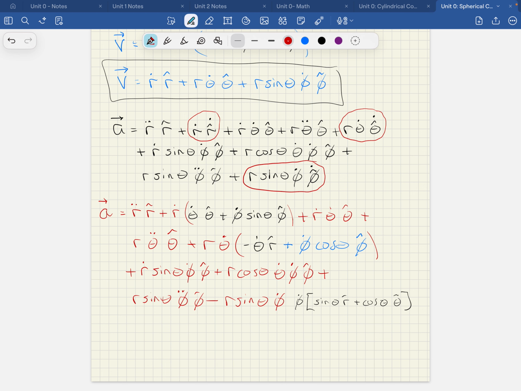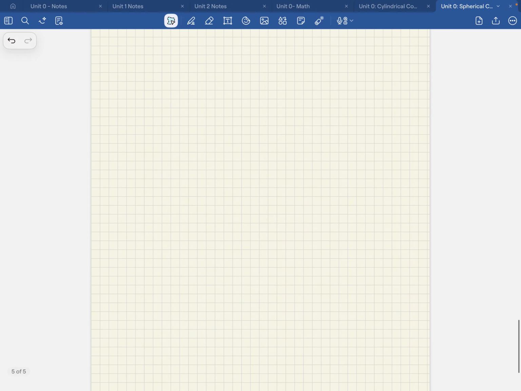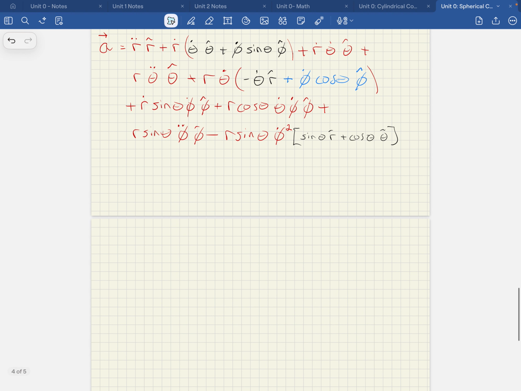And let's see, this becomes phi dot squared. And then I can move this in a little closer. And that is my A vector.